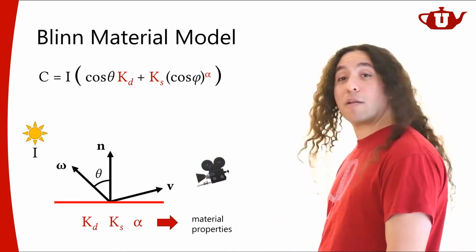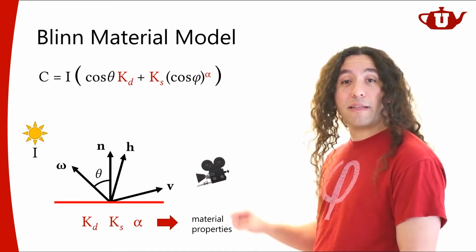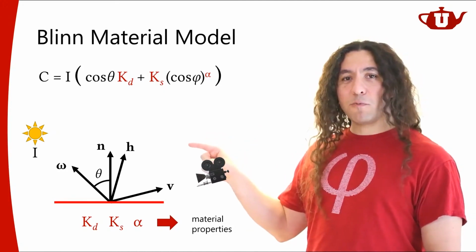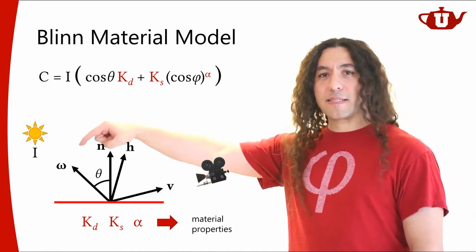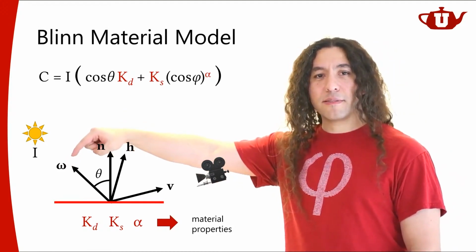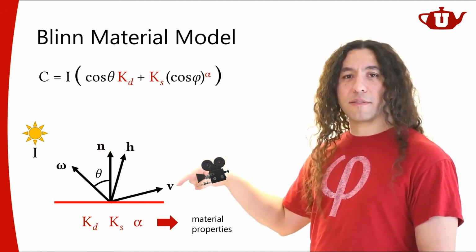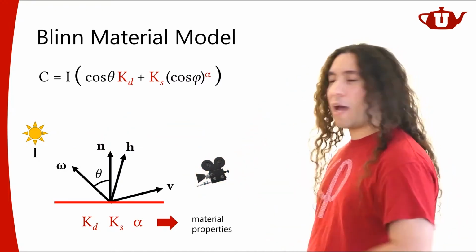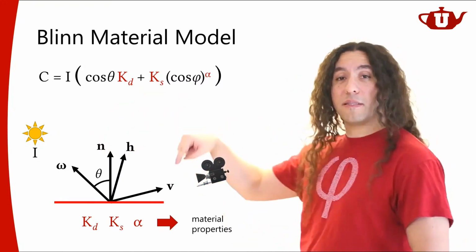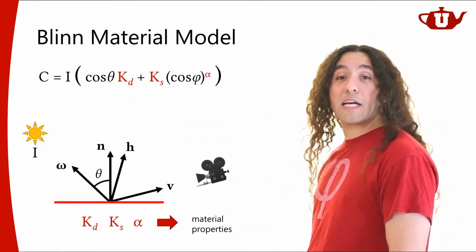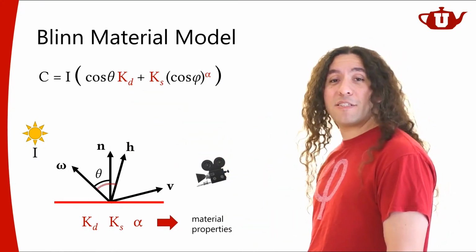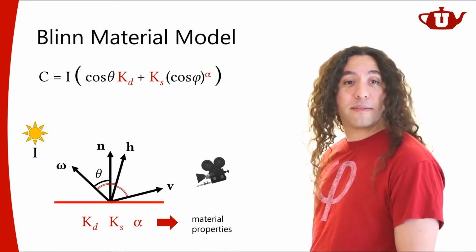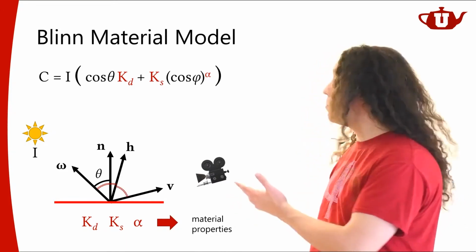It's going to look at what we call the half angle, H. And that half angle is the angle between the light direction and the view direction. So the half angle is going to be the direction between these 2 directions. So the angle between omega and H is going to be equal to the angle between H and V. So how do I compute this half angle?